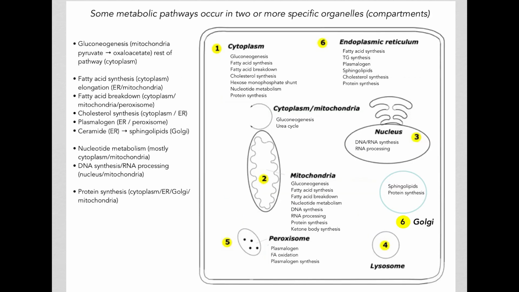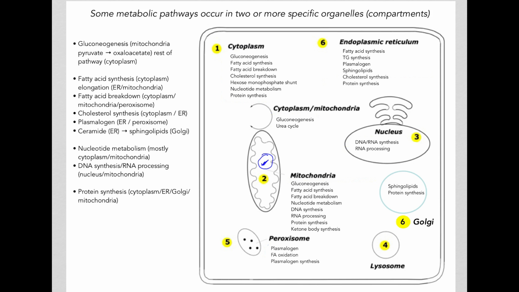So by having compartments, it makes it much easier for the cell to regulate enzymes. If all of these enzymes were in one compartment, it would be very difficult to regulate all of these enzymes at the same time. But by having them in compartments, for example, the Krebs cycle is in the mitochondria, it's much easier to regulate the Krebs cycle by regulating the enzymes in the mitochondria.